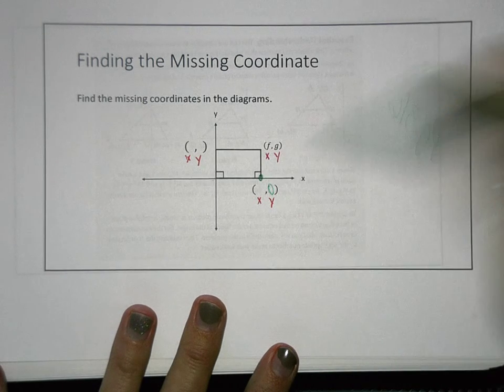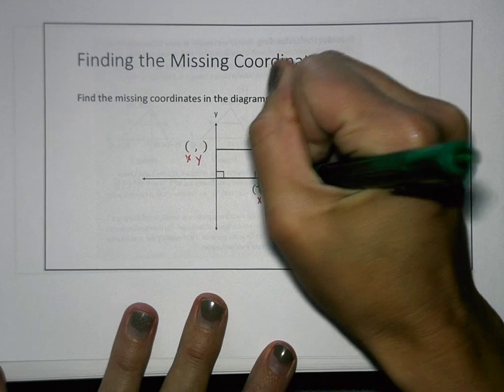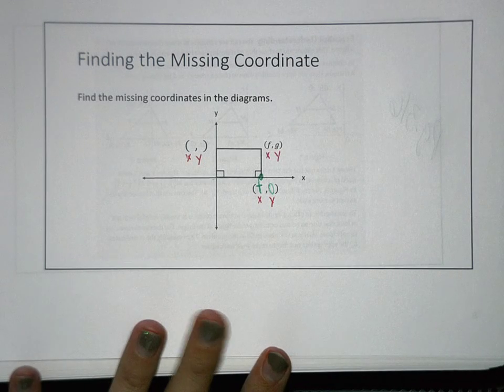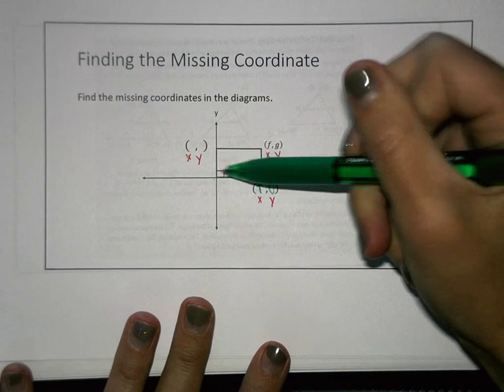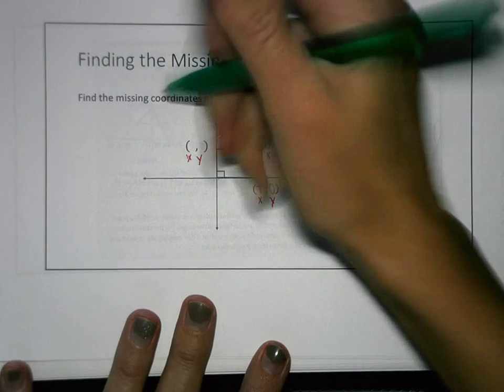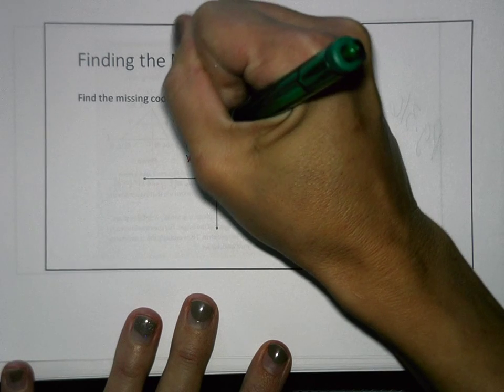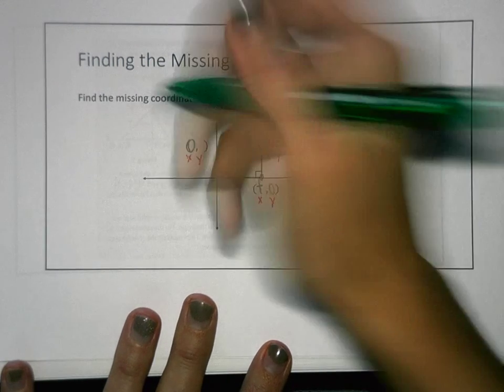What do you think my x value is? F. That is correct. This one, 0 is for the x or the y? For the x. And the y value that it went up is g.